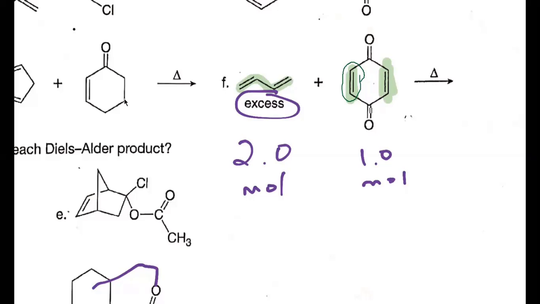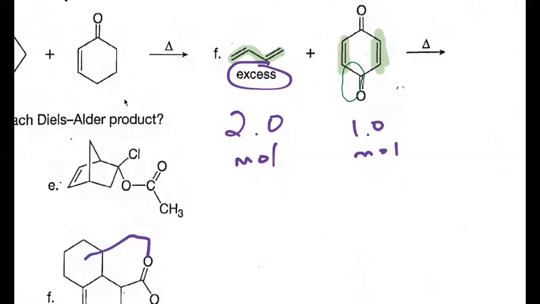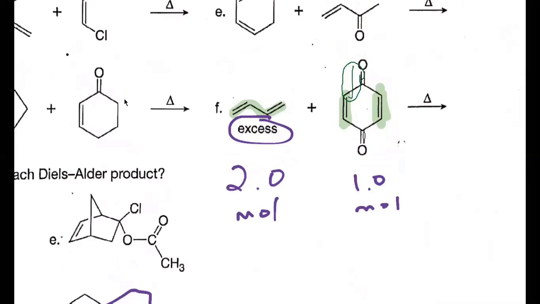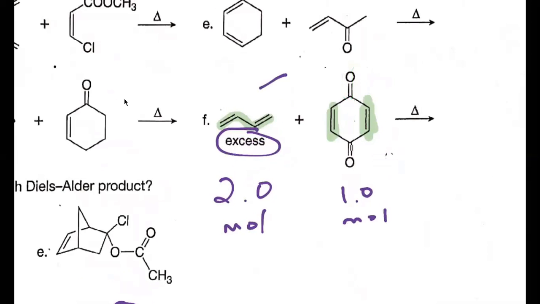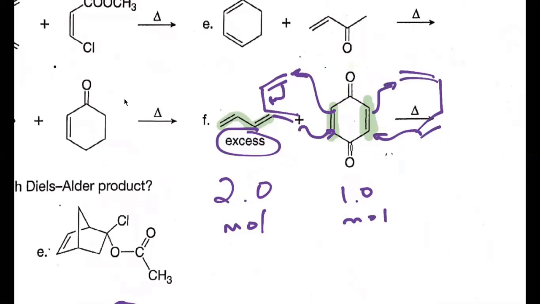So let's see what will happen here. Let me just draw this. I'm going to turn it around like that. Right, so that's going to attack there, here, and here. And then the same thing can happen on this side, right? You're going to attack here, here, and then here.